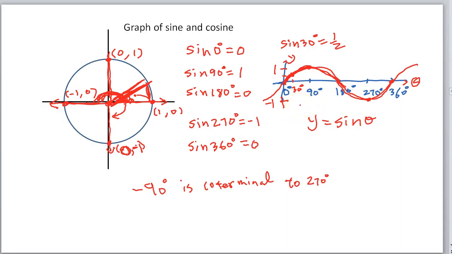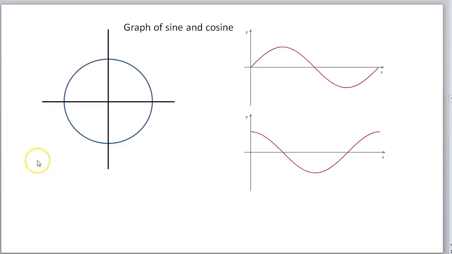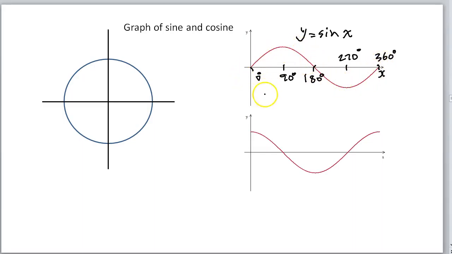You can do the same thing for the cosine, but it's getting pretty boring, so let me just show you the graph for both functions. So here's the graph of sine x and cosine x. This one here, as we just saw, is the graph of y equals sine x, where x is 0, 90 degrees, 180 degrees, 270 degrees, and 360 degrees, and it gives you this smoothly varying graph.